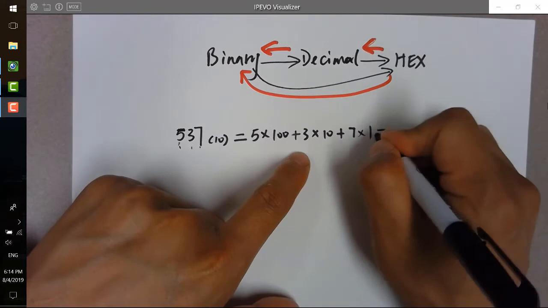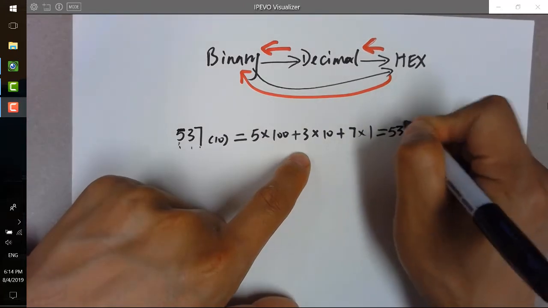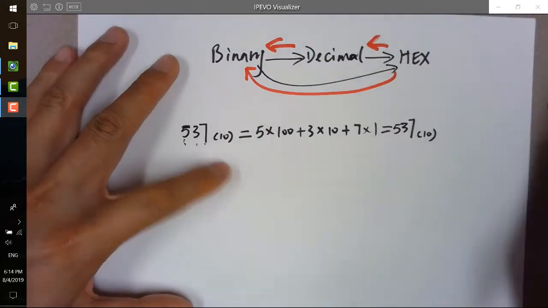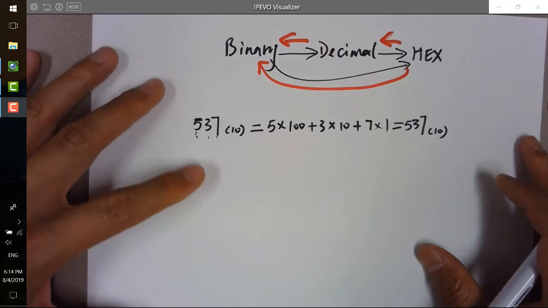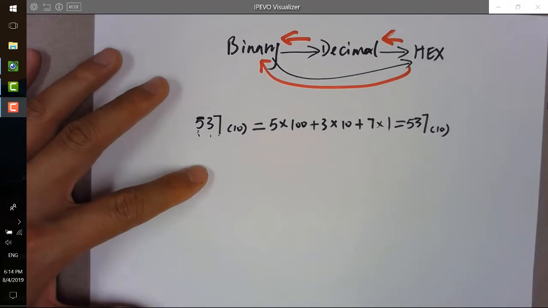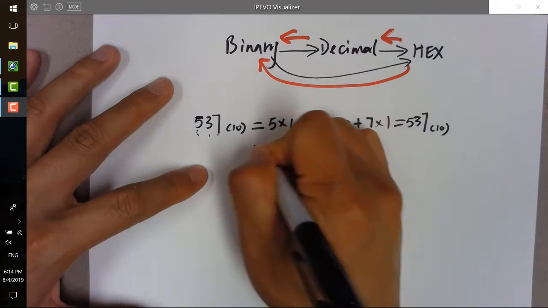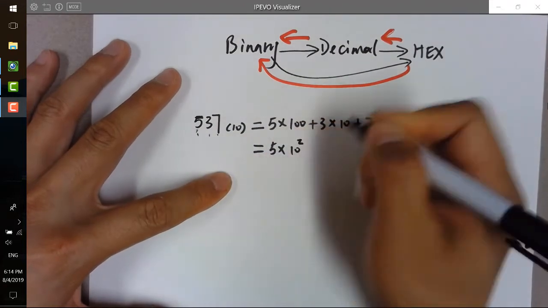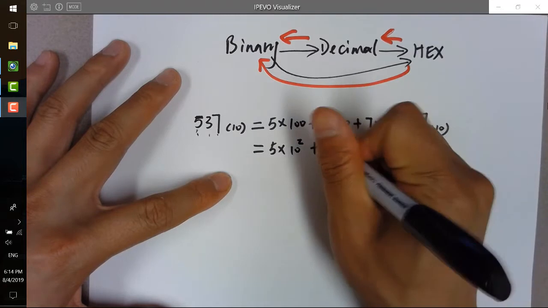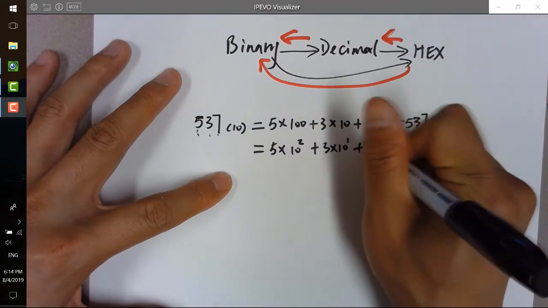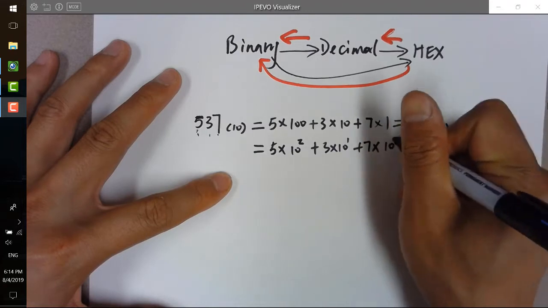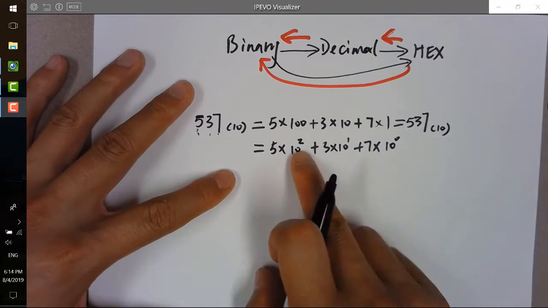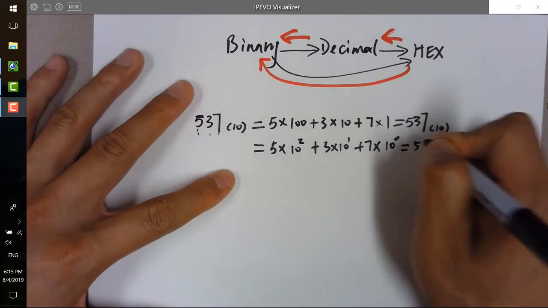If you add them together, you recover 537 in a 10-based number system. We can also write it in another form: 5 times 10 to the power of 2, plus 3 times 10 to the power of 1, plus 7 times 10 to the power of 0. And this is also 537.